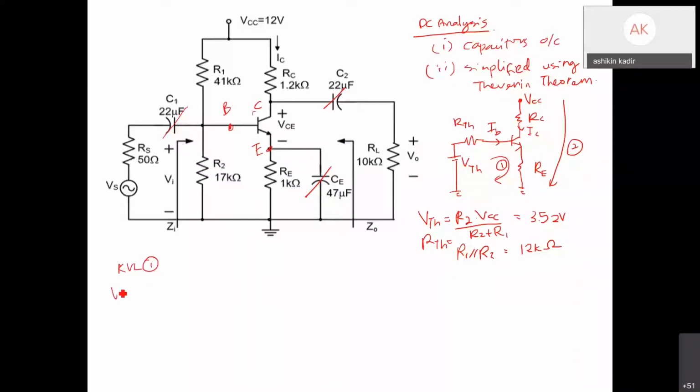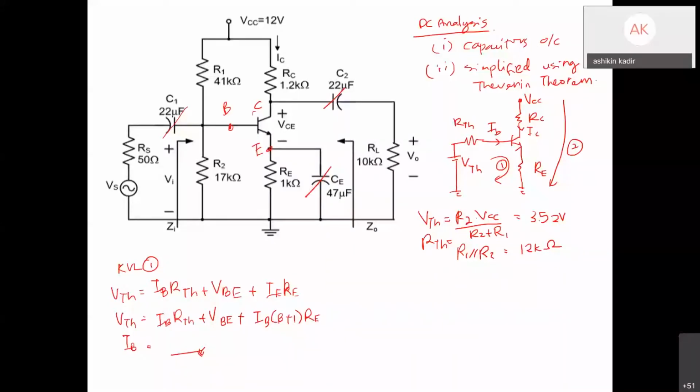VTH equals IB RTH plus VBE plus IE RE. So here, RTH plus VBE plus IE RE, where IE equals IB times beta plus 1, times RE. Okay, so here you can find your IB. How much is your IB? Put in the values.